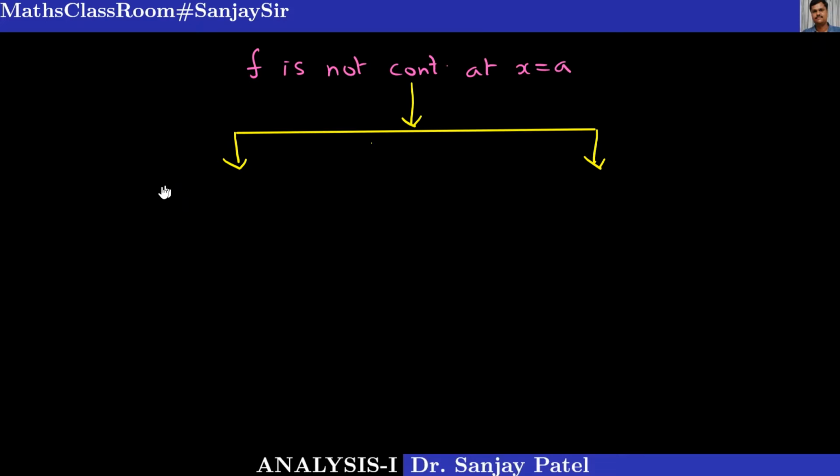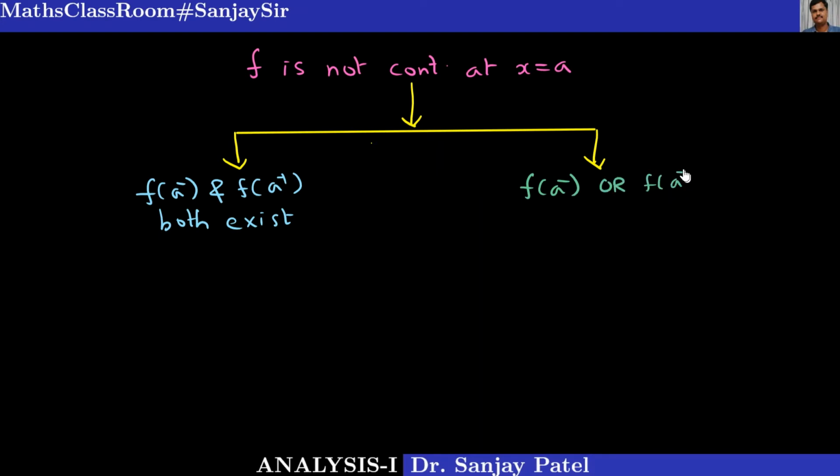f of a plus and f of a minus both exist. So we have to think further in this case. And another possibility is f of a minus or f of a plus does not exist.